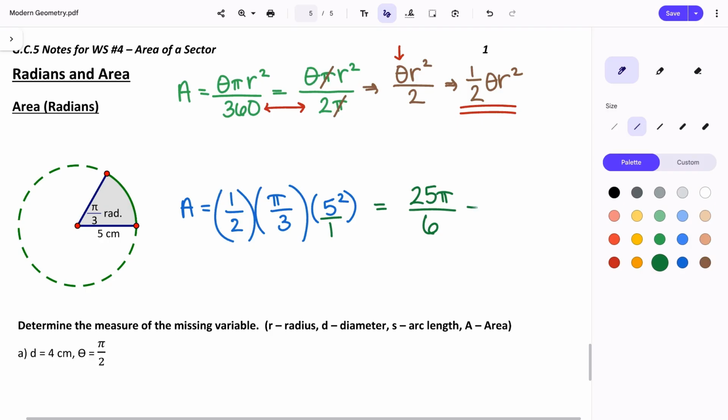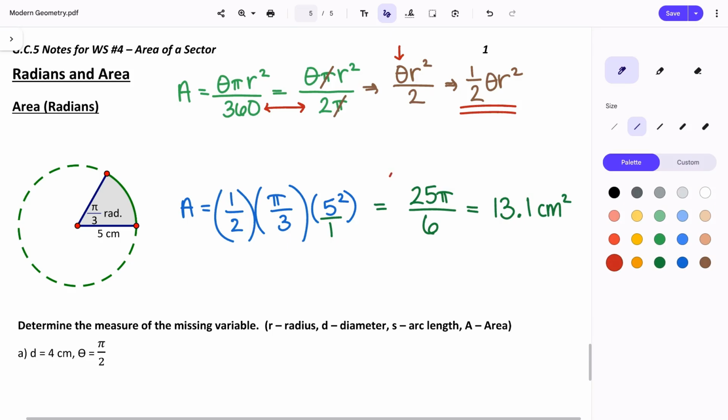So this should come out to be about 13.1 if we round. And then we're still dealing with area here, so we have to label it, and this would be centimeters squared for area.